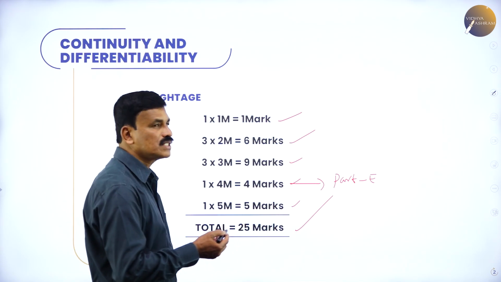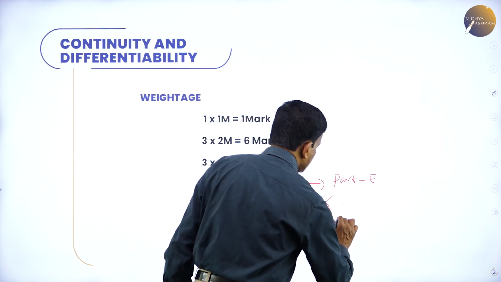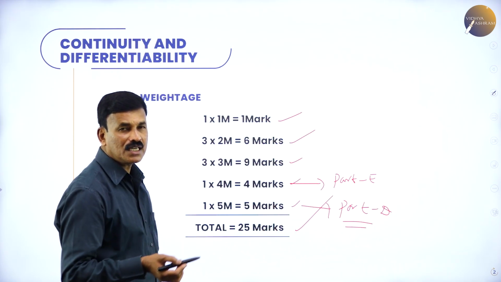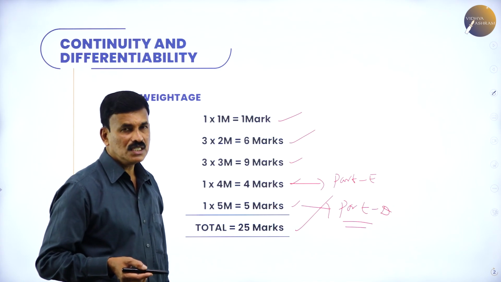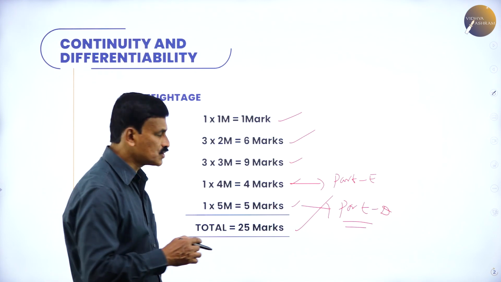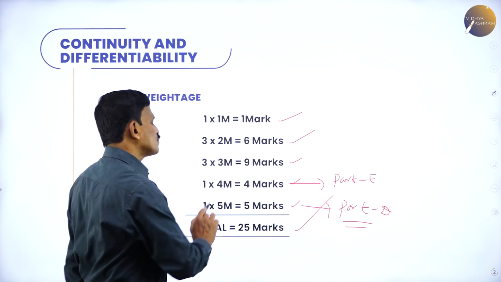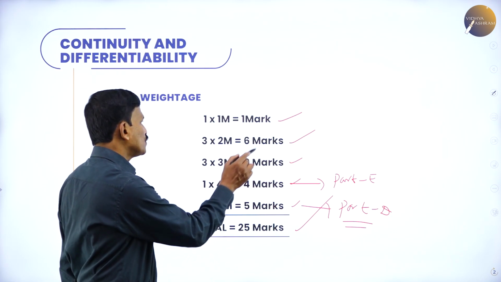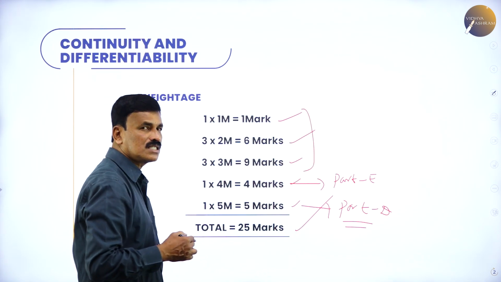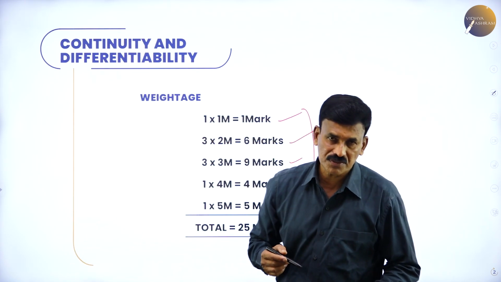Whereas in part D, for 5 marks, you will get one question from application of differentiation, that is, a question from the second derivative. The remaining 1 mark, 2 marks and 3 marks questions are from different types of differentiations.